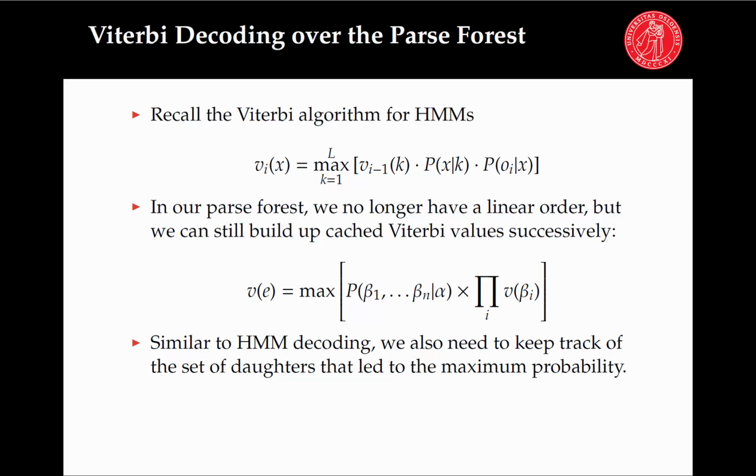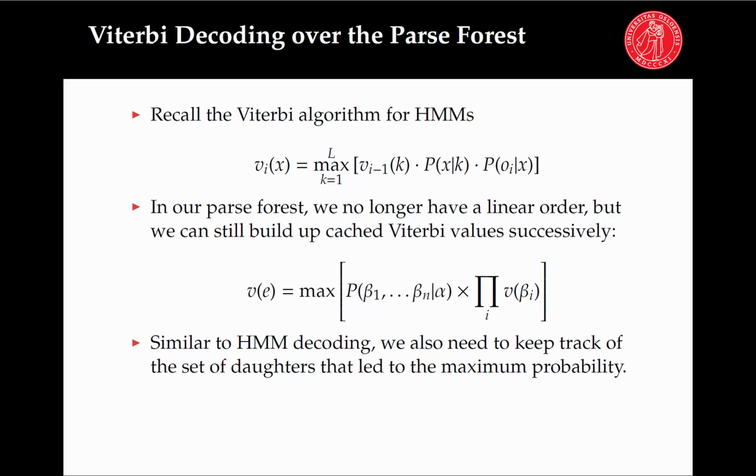Each tree will have a probability, and V of E, we want to be the probability of the highest scoring tree represented by that edge. And the probability of a subtree we can easily compute from the probability of the rule that this local subtree has instantiated.